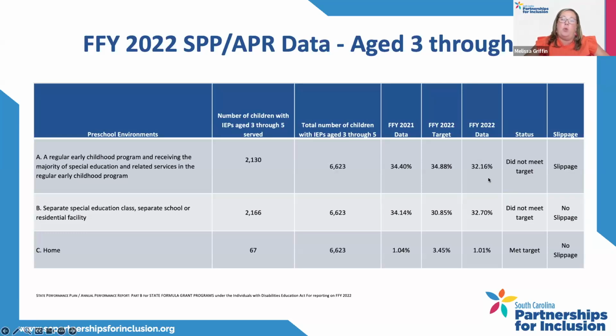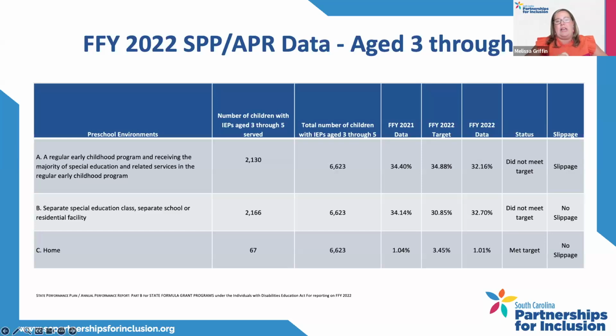And then for 6B, we are actually higher than the national average, and that's not in a positive way. You always want the 6A to be higher and the 6B to be lower, because those are the kiddos that are in that separate class. We want that to be as low as it can be, and we're actually higher than the national average on that. So that's how South Carolina is doing.